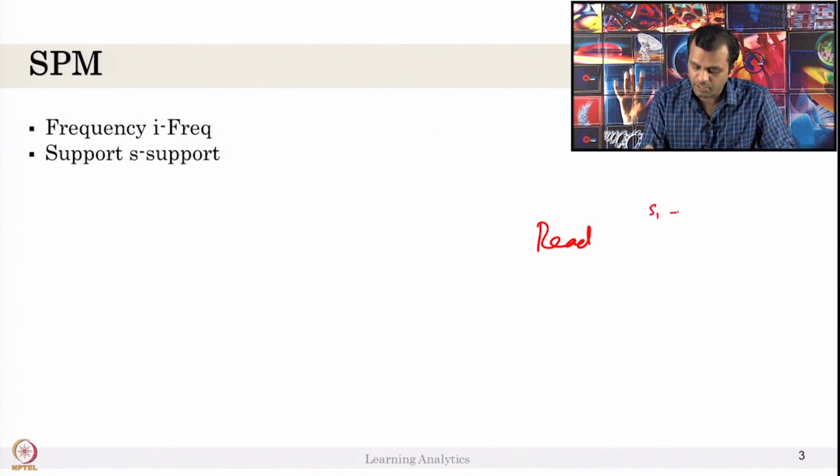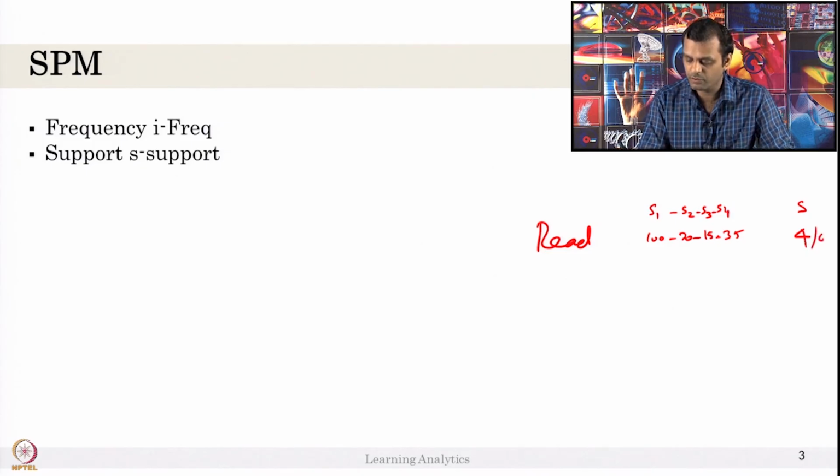Suppose you have only 4 students, and it occurred 100 times, 20 times, 15 and 35 times. Then the S support will be 4 out of 4, so the S support value is 1.